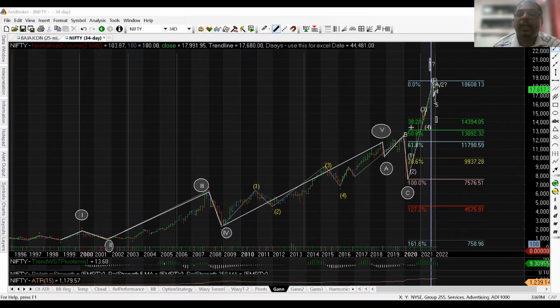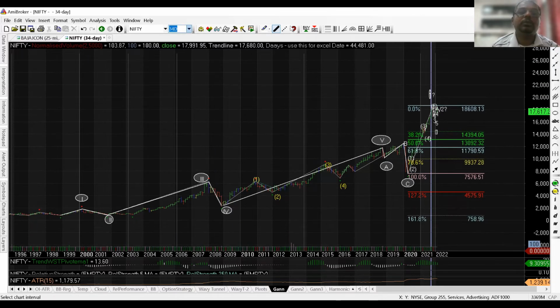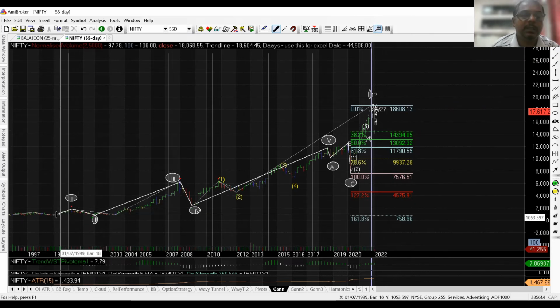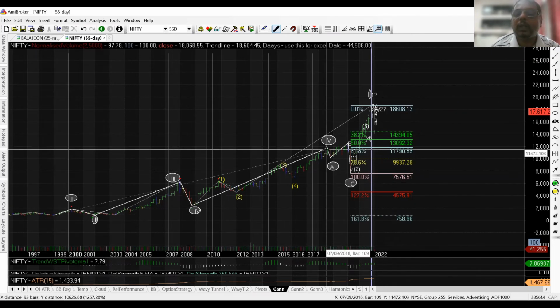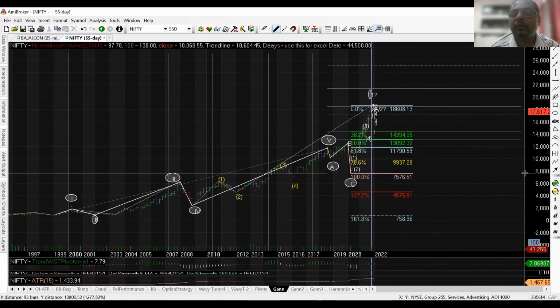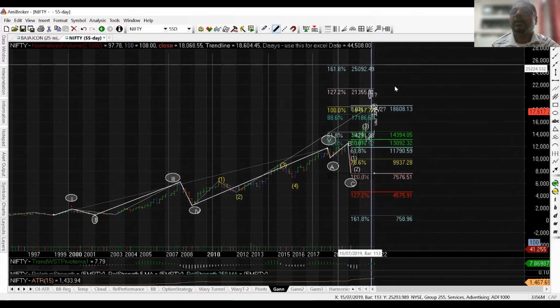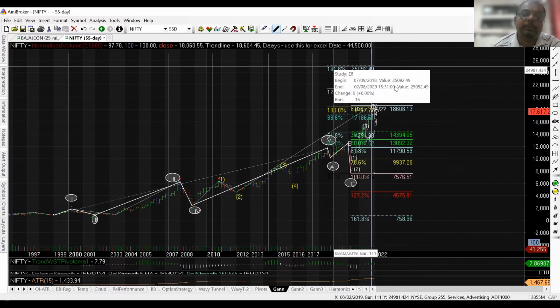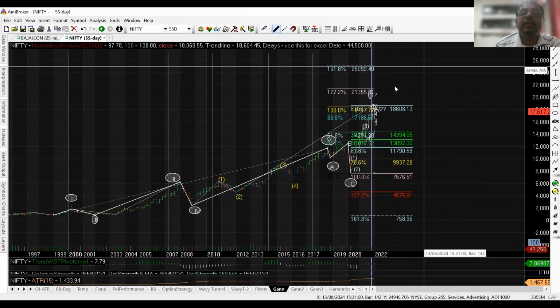Okay, so if I have to look at it, and I may not be able to show you perfectly there, if I'm going to be right, then let me just reduce this. Let me go to 55D, and let me do my Fibonacci extension. So this is my wave 1, and this is my wave 2. So if that is there, then my wave 3, I'm expecting it to go all the way to 25,000, which is very, very much possible.